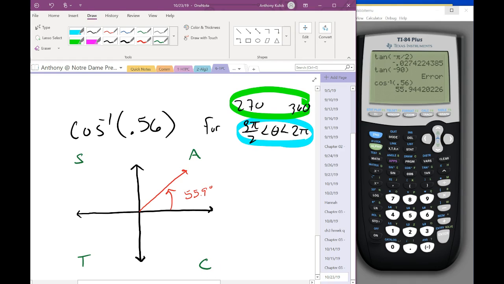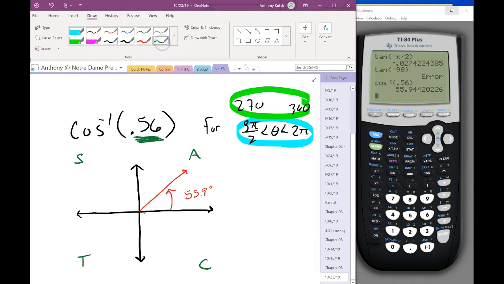Remember what these letters told us is which of our trig values is positive in that quadrant. We're looking for another location where cosine is positive. That needs to be in the fourth quadrant. Everybody agree with that?